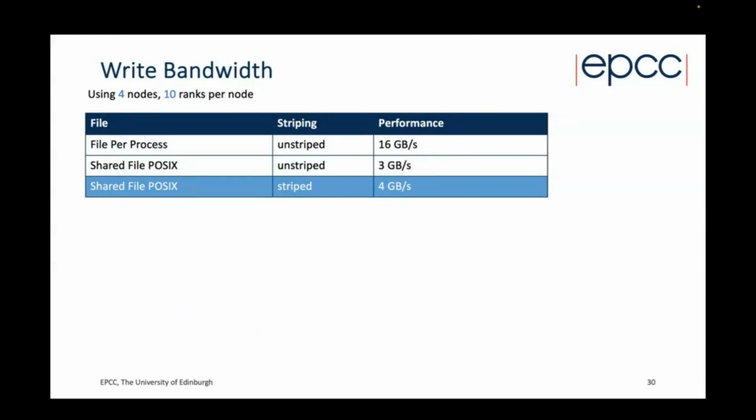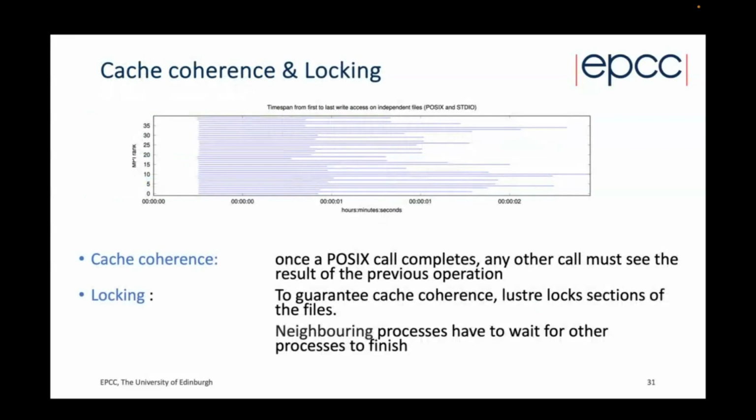So what is causing the issue? Well, we can look at the timeline from the PDF report and see if we can get some clue there. Remember that for file per process, all the ranks were taking the same amount of time to write to the file. But now, where we're writing to a single file, still writing the same amount of data per rank, and exactly the same data, they're all taking different amounts of time.